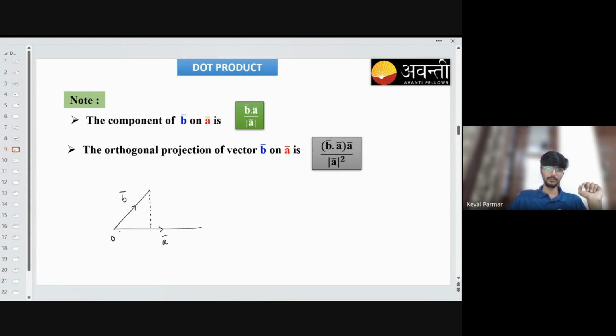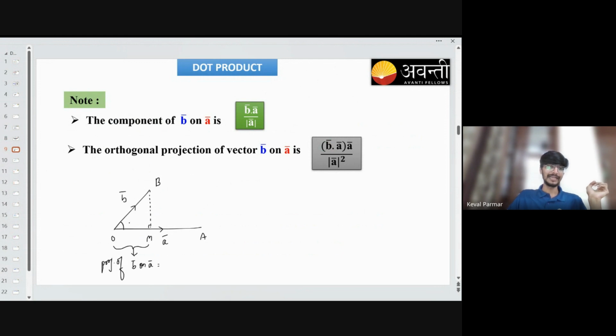Let this be O, let this be point A, let this be point B, and this be point M. So this length OM is called the projection or component of B bar on A bar.